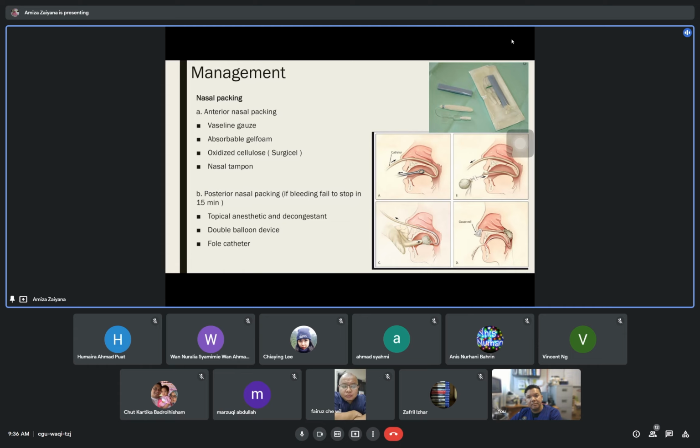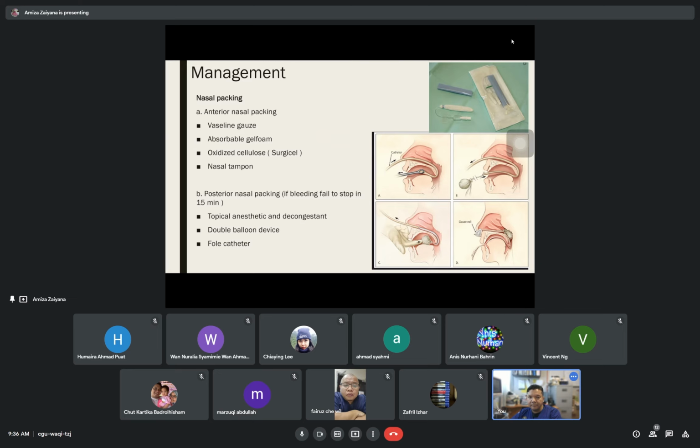Also nasal tampon. For posterior nasal packing, if bleeding fails to stop in 15 minutes, there is an indication to do nasal packing. We may use topical anesthetic and decongestant, also double balloon device and polycatheter.